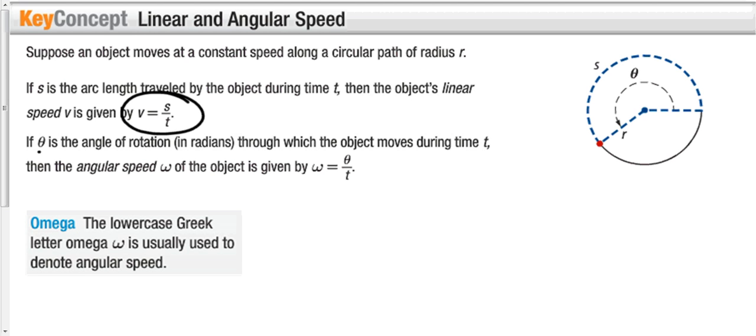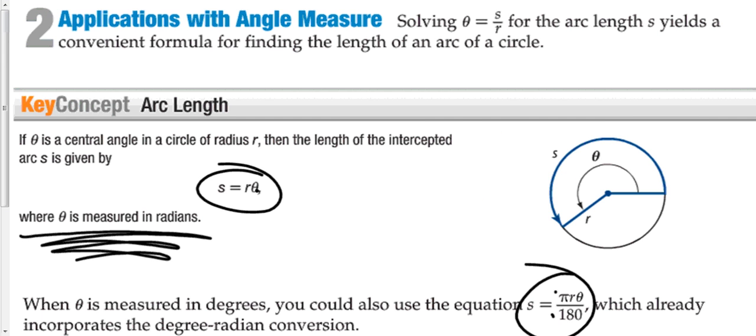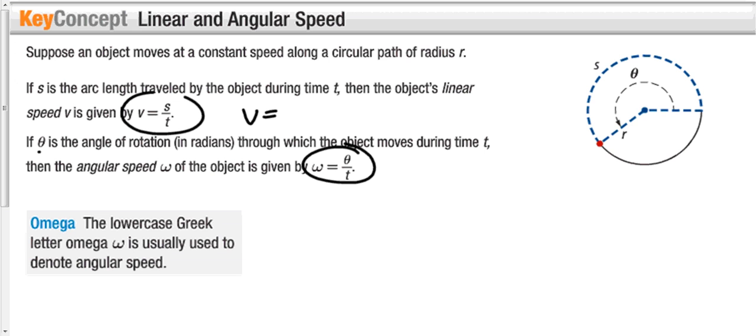And if theta is the angle of rotation in radians through which the object moves during time t, then angular speed omega, not w, omega, is given by omega equals theta over t. And we can change this formula if we have to: since s is equal to r theta, we can change s to r theta over t.